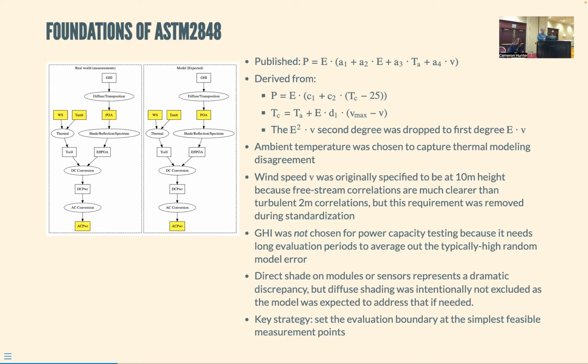I'm also thinking about the GHI. There's a principle. The owner says, I don't know what POA is going to be, but I have a sensor I can stick out there for GHI. But the accuracy of irradiance decomposition and transposition is, at best, kind of going through the middle of a very inaccurate model of transposition.